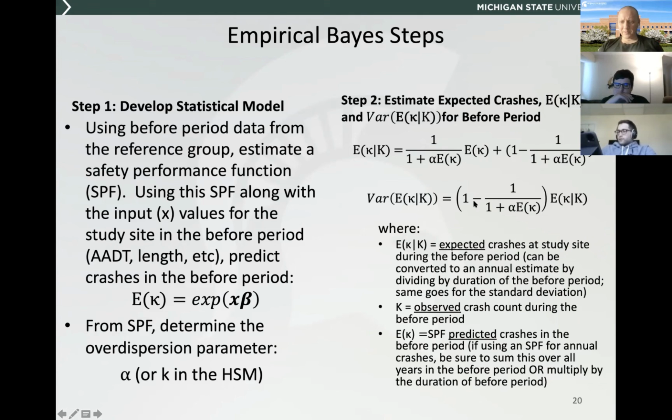And then the variance of that, again, is just in this case, 1 minus W times the expectation we get from this weighted average, okay? All right, and so there's a few notes down here further detailing that this is our actual observed number of crashes. This is the predicted number of crashes, and then this conditional estimate is basically a weighted average of the two, okay?